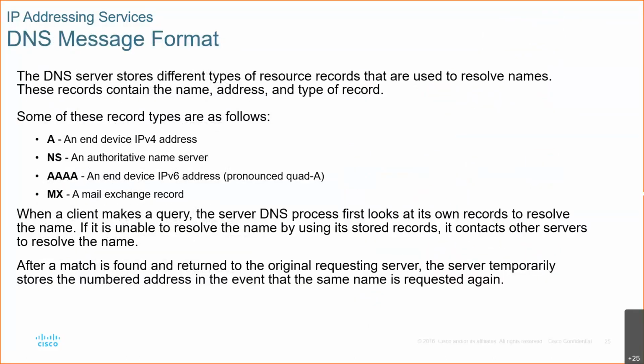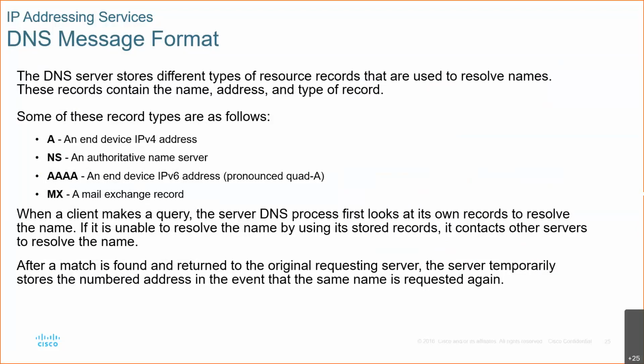So your DNS server can store different types of resource records. These records contain name, address, and type of the record. Now the type of the record, if it is A, that means an end device is IP version 4. If it is NS, that means it is a name server. If it is AAAA, that means it's an IP version 6 address.